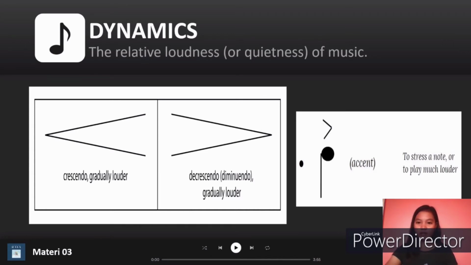So, dito sa accent, composers include marks like dito sa taas, sa musical score, to indicate which notes receive the most emphasis. Accent may also be played by making a note longer or shorter than the other note. So, that was what the accent means or looks like.